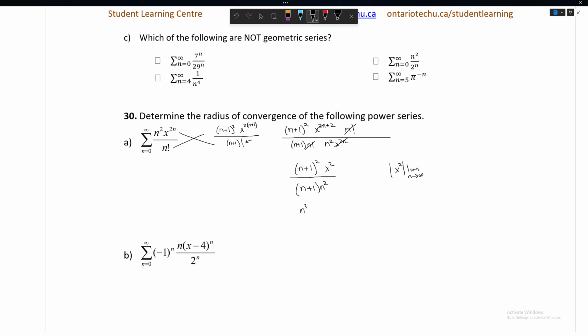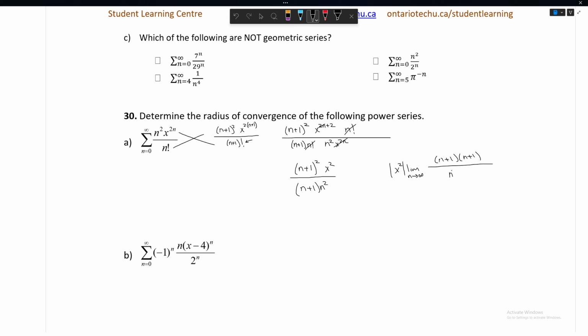I'll get n to the 3 plus n squared. And at the top, yeah, I could do that too. So I'm going to FOIL this out, and I'm going to FOIL this in as well.